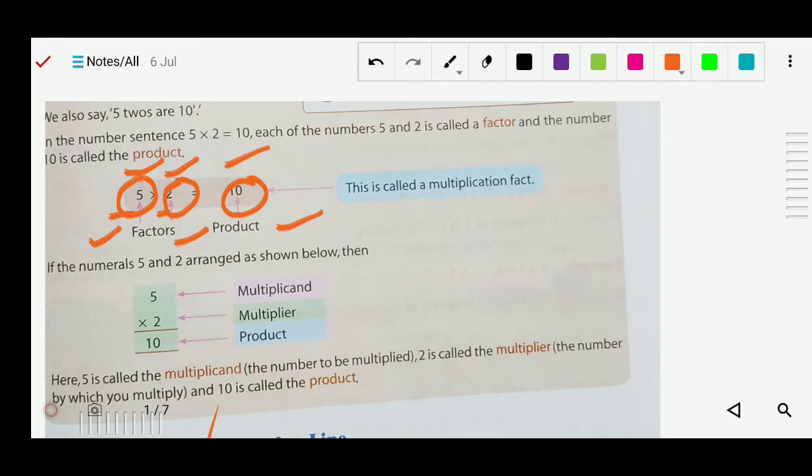Here you can see 5 and 2 are called multiplicand and multiplier, and our answer is called the product. Same as in addition we use addend 1 and addend 2, and in subtraction we have the minuend and subtrahend, and the answer we call the difference. So in multiplication we use multiplicand, multiplier and product.